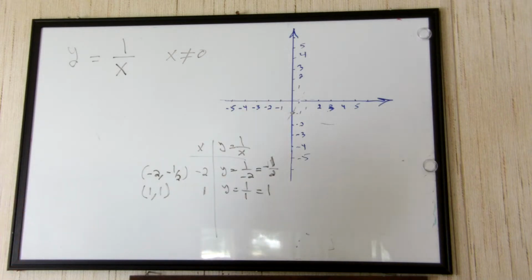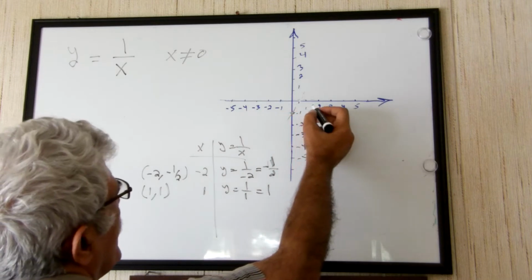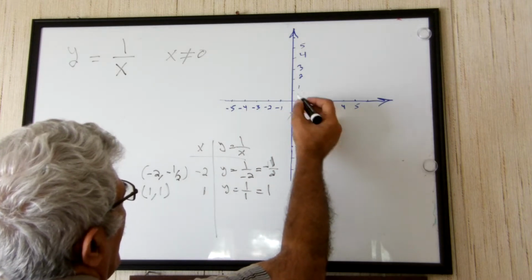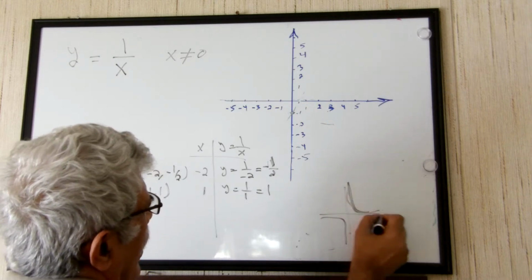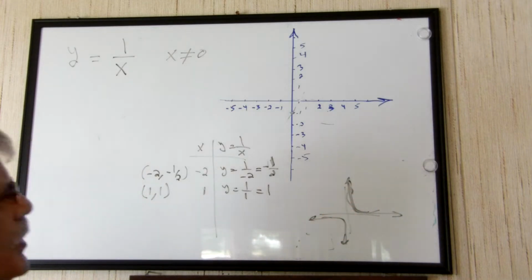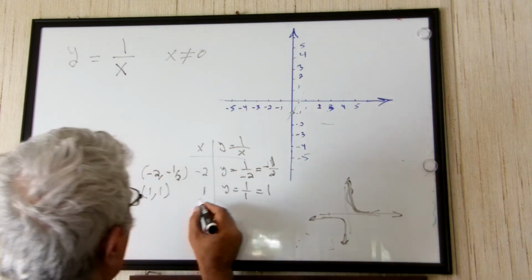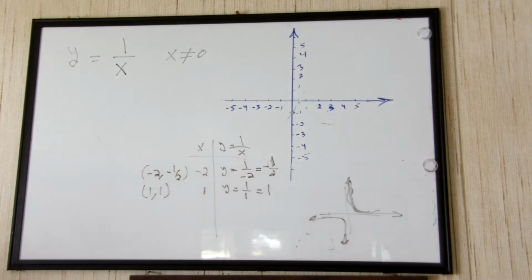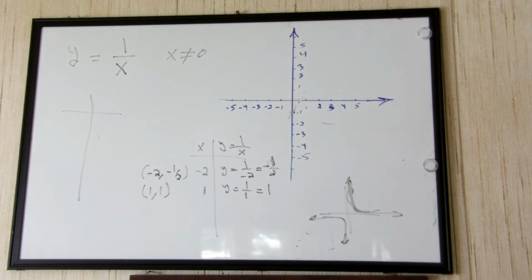And see, we give some value to x, and we know that this is going to look like this. But let's write it here in a better form.